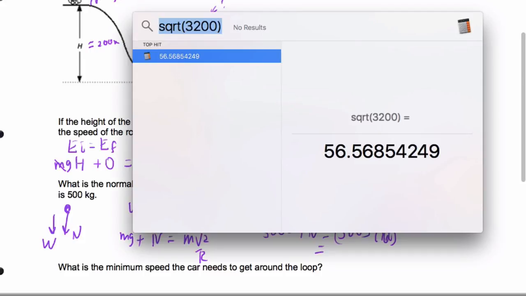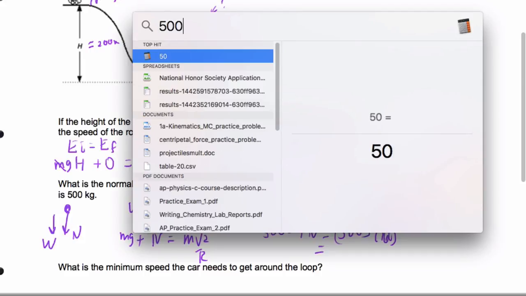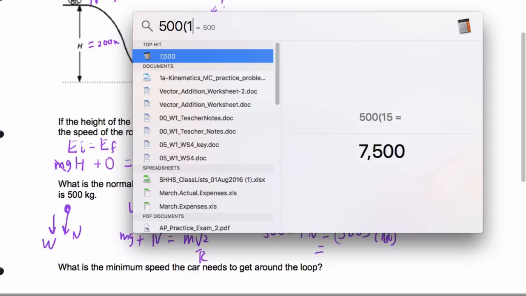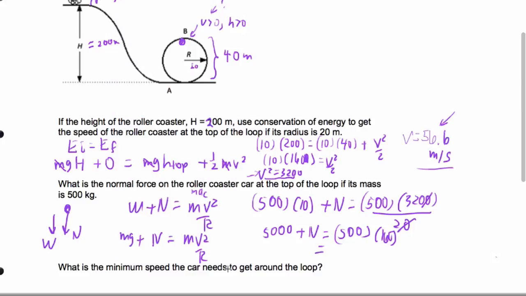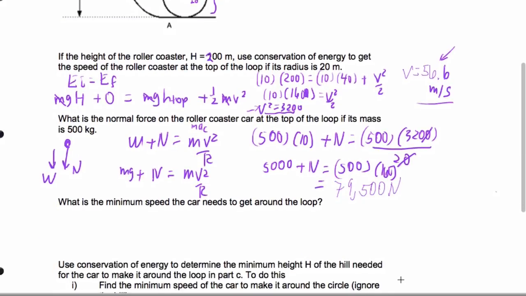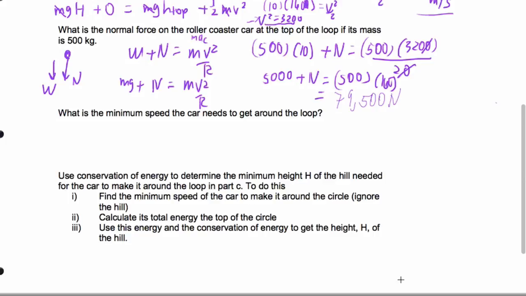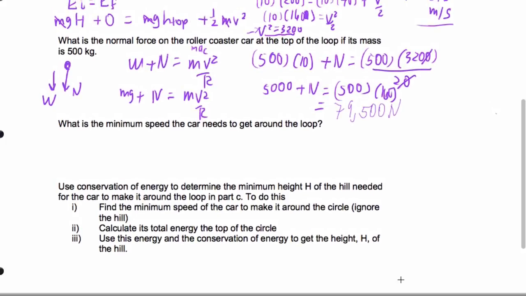I'm not sure, but I think if people ride this roller coaster, they're going to pass out or die from the normal force. So looks like we're getting a force of about 79,500 newtons. So I think riding this particular roller coaster would actually, in fact, be a fatal experience, but we're going to ignore that fact.